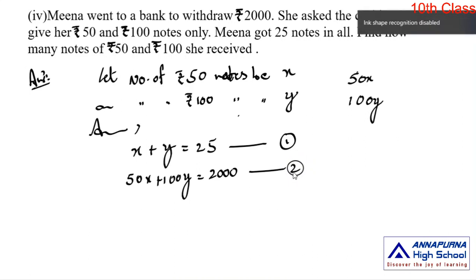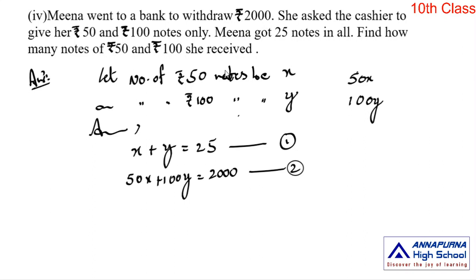Okay, so the second equation I form from the total money. At the end of the transaction she received 25 notes, so the total number of 50 rupees notes and 100 rupees notes is 25. So that's why x plus y is equal to 25. This is the first equation. And at the end of the transaction she takes total 2000 rupees.